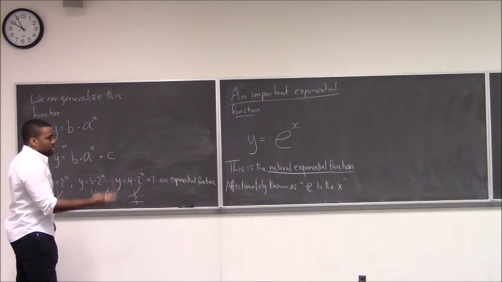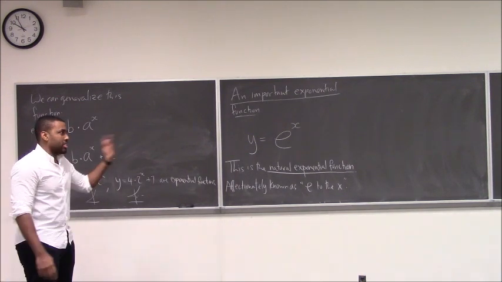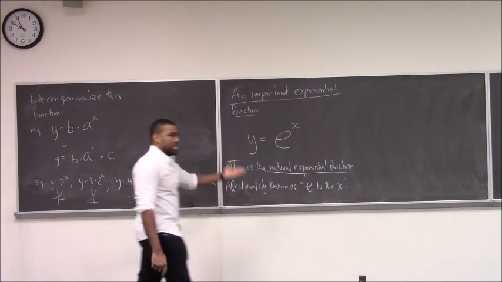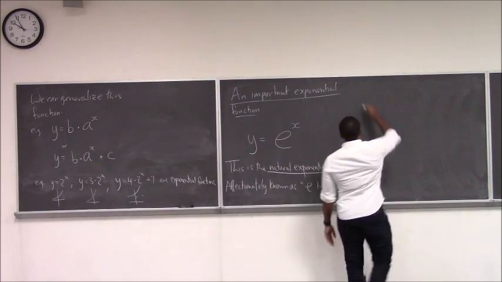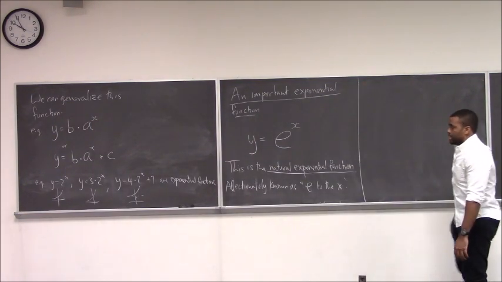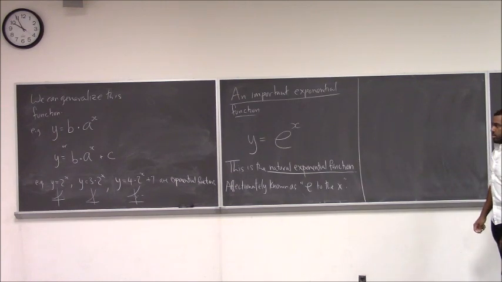In fact, at some level of math, once you say an exponential function, this is what everyone thinks about, and everyone just assumes that's the guy you're talking about. It is the most natural function to use for calculus, and it's a super important kind of function.